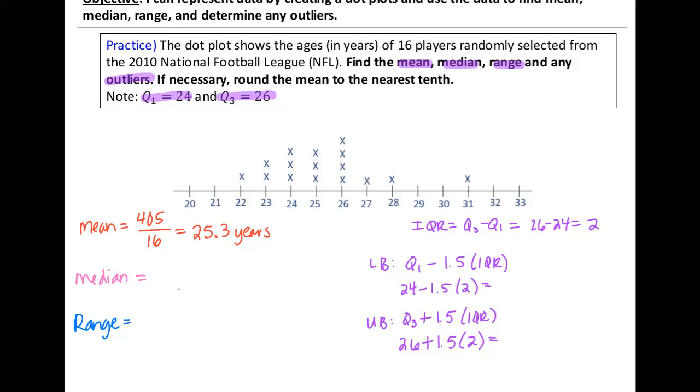What number was in the middle? We have a total of 16, so 16 divided by 2 is 8. So 1, 2, 3, 4, 5, 6, 7, 8 on this side, and 1, 2, 3, 4, 5, 6, 7, 8 on this side. So we end up with 2 in the middle, so that'll be 50 divided by 2. That's still going to be 25 years.